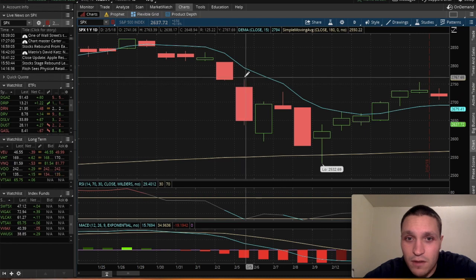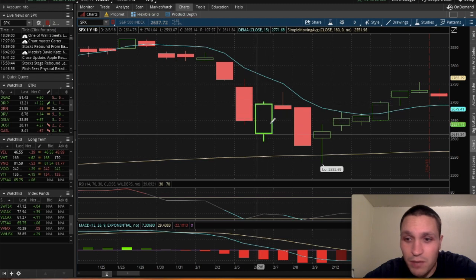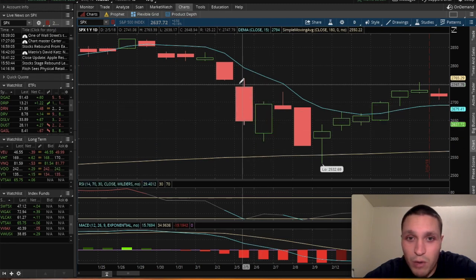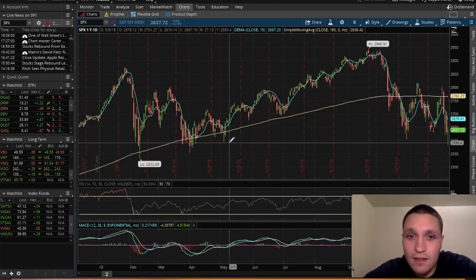Now these wicks, regardless of the open and close, mean the stock market that day went the whole way up to here. That was the highest it ever went during that day. And this wick down here means that's the lowest. Same thing for the green candles. But red means the stock market fell for that day, and green means the stock market went up for that day.